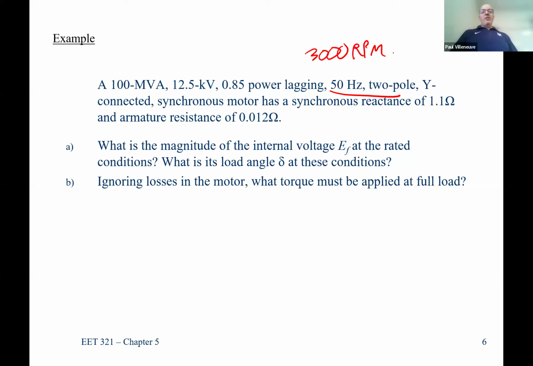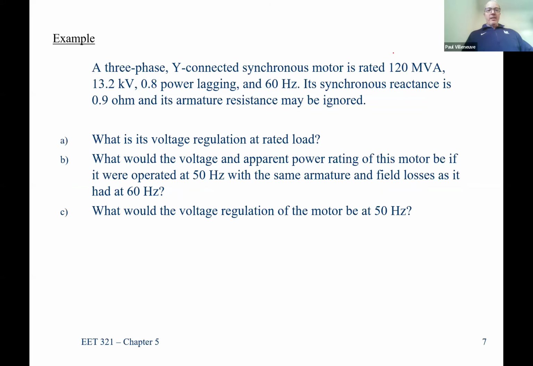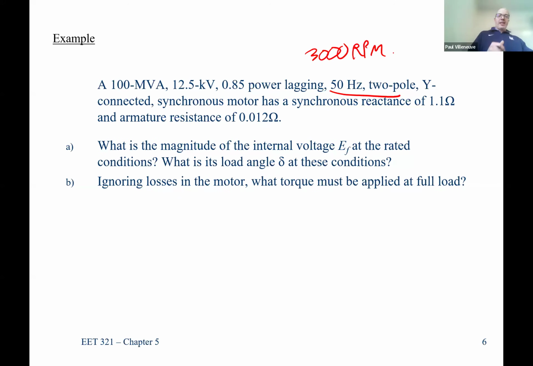Now, what is the magnitude of the internal voltage at rated conditions, and what is the load angle at these conditions? All right, so the first thing I'm going to do is draw the schematic. So here is EA. Here is jXs, which is equal to j1.1. And here is RA.